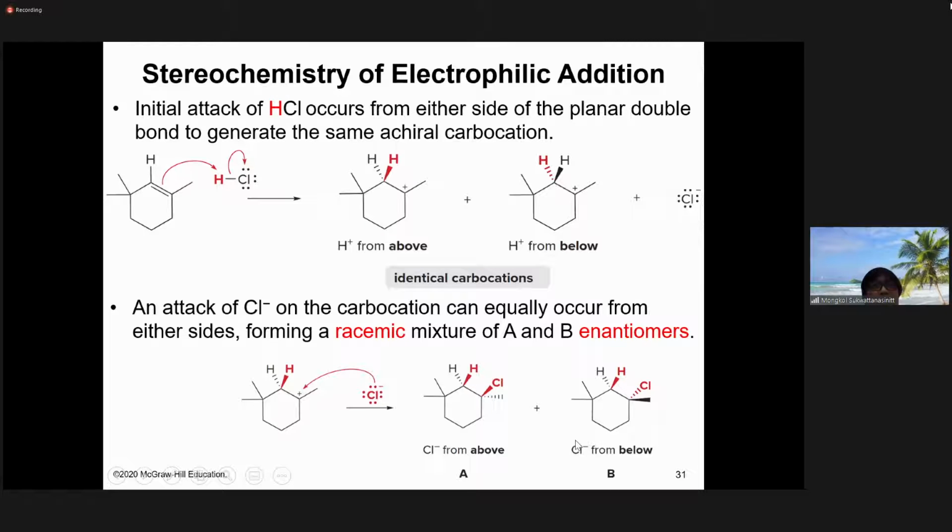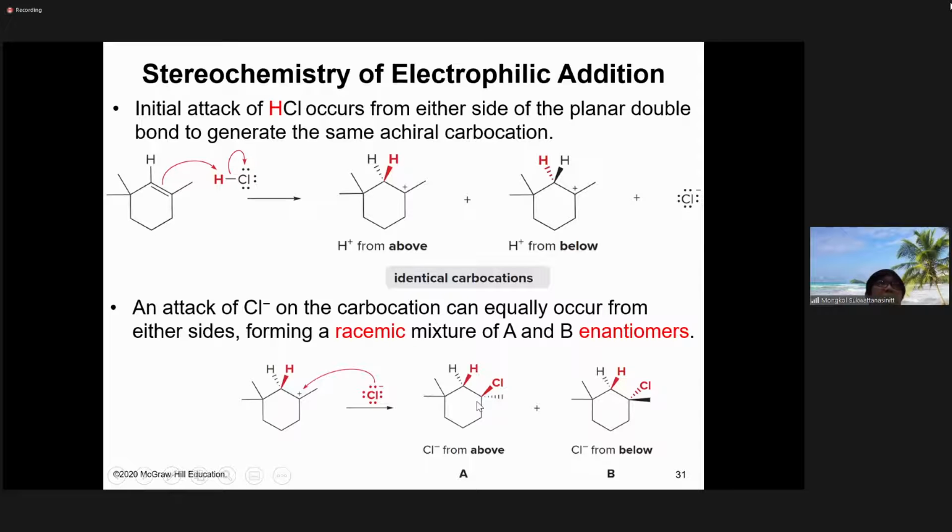What do we call it? When you get 2 enantiomers at 50 to 50, what do we call it? Racemic. Yes, you get the racemic mixture of the enantiomers here, A and B. Okay, so for this reaction, you get a racemic mixture because it goes through the carbocation.